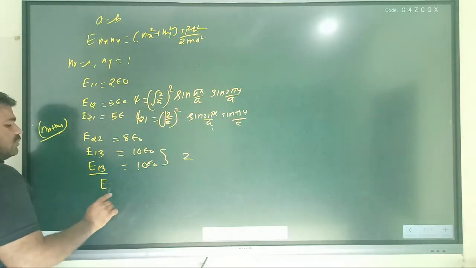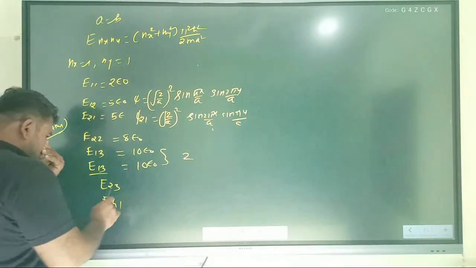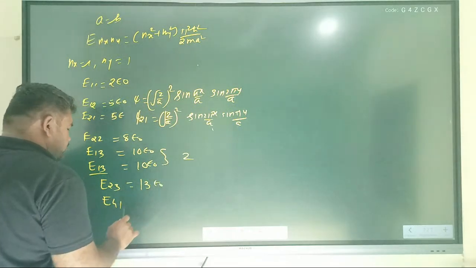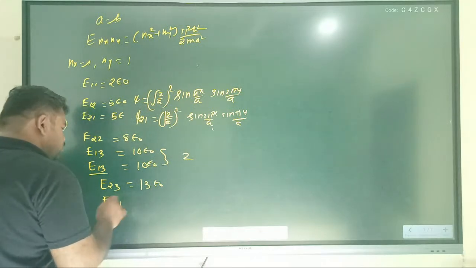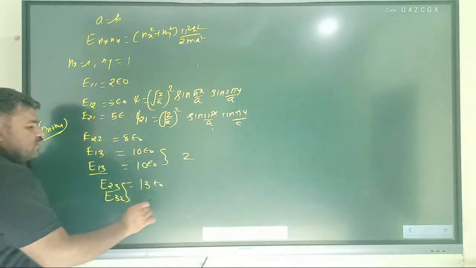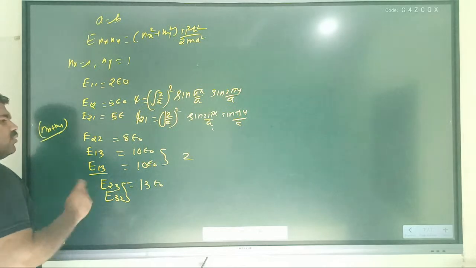So 2 3 comes early, okay, as compared to 4 1. 3 2 9 plus 4 13 epsilon naught, and this is the first combination, 2 3, and second combination is 3 2. Okay, means these two combinations give energy equal to how much? 13 epsilon naught. Clear?